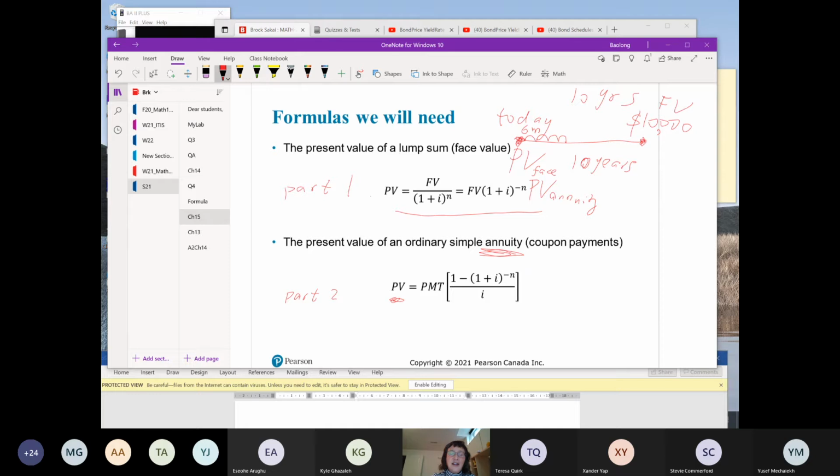Part 2, calculate the present value of the annuity. Every 6 months, you will get a payment. What is the present value of the accumulated payments? If you add part 1 plus part 2, that is your purchase price for the bond.